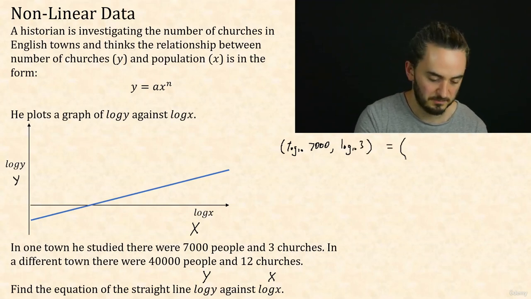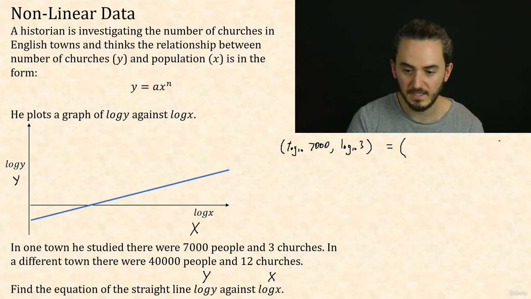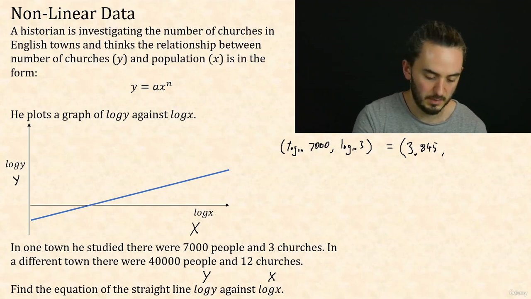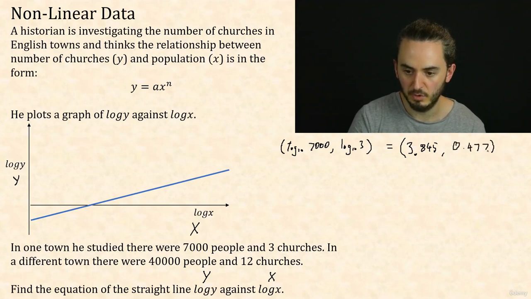Log base 10 of 7,000 people is 3.845. So there's a capital X value of 3.845, and a capital Y value of log base 10 of 3, which is 0.477. So there's my first coordinate.